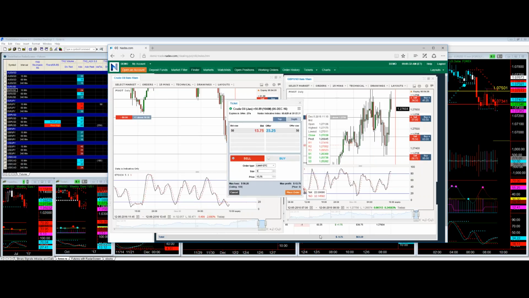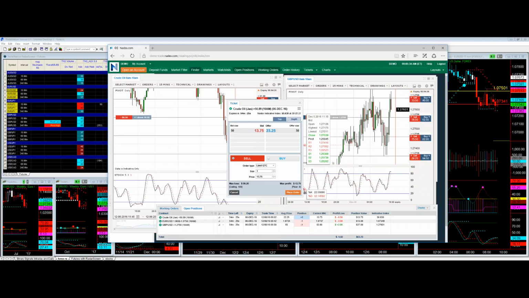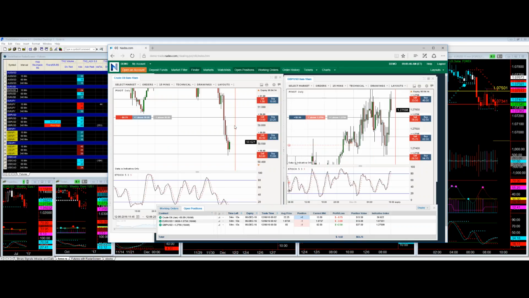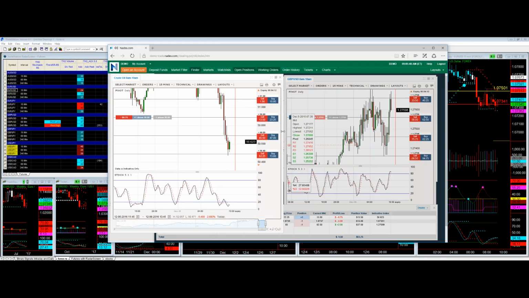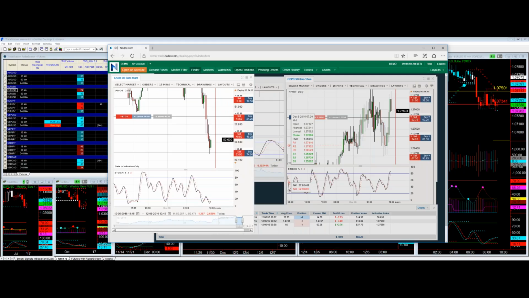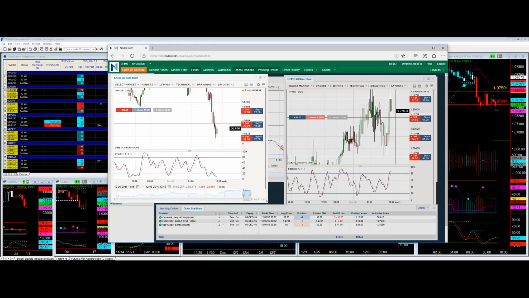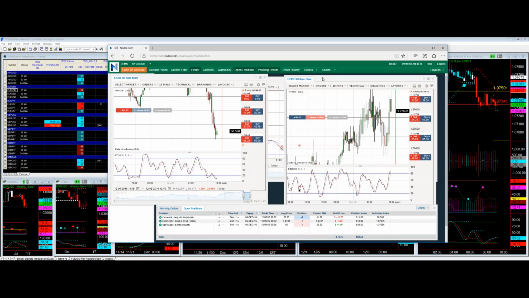I can't guarantee that we'll get it. But on crude, we only paid $22 for that one. I'm going to set it at 70. And I may modify that. It depends on what happens and whether I'm paying attention to it or not. And we're just going to leave the euro because the euro is a spread. I don't have to be as careful with the spread because I've only got $16 of risk on that one.